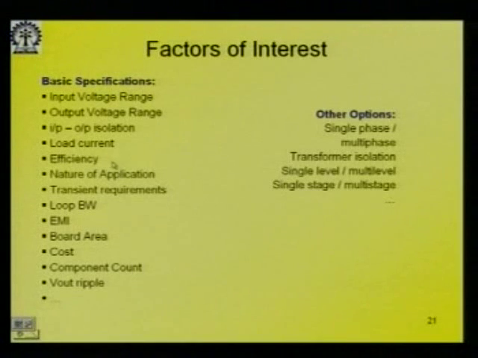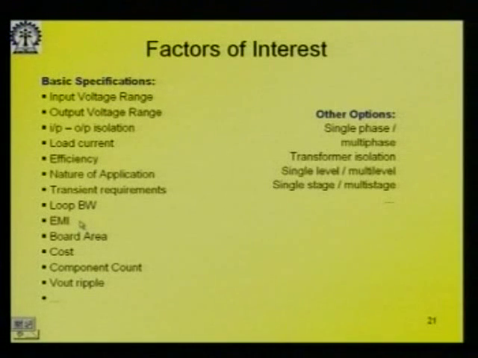What efficiency is required, what kind of application, how fast a current rise you want in your circuit, and transient requirements: how fast you want the system to stabilize after a transient, for example when a sudden load has increased. There are some more issues which we will study later, maybe in higher classes, like bandwidth, which will also decide the transient requirements.